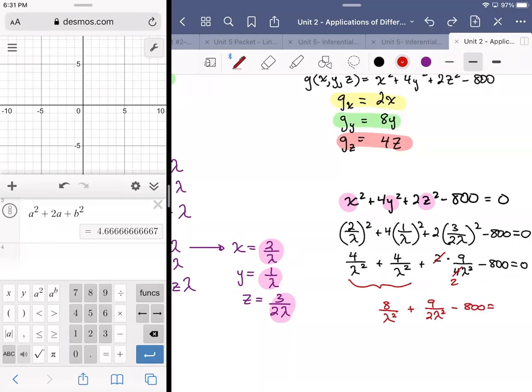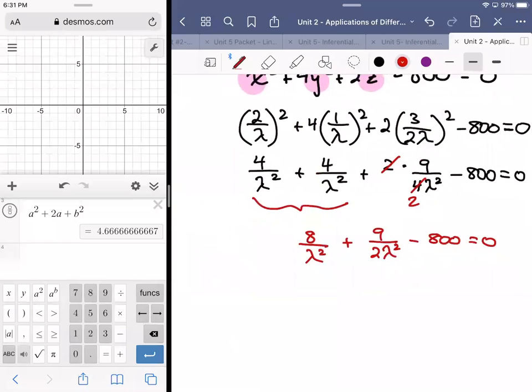Once you realize that you're going to be able to combine all the variable parts into one term, then you decide, okay, maybe I should bring the 800 to the other side. I am going to multiply both the top and bottom by 2 here, so I'll have a common denominator.